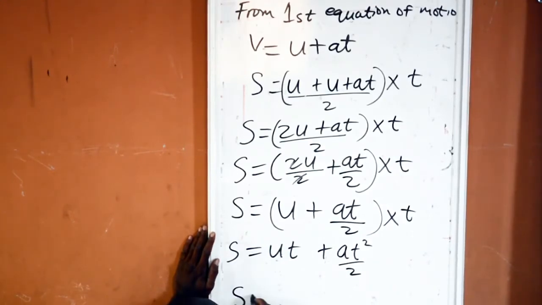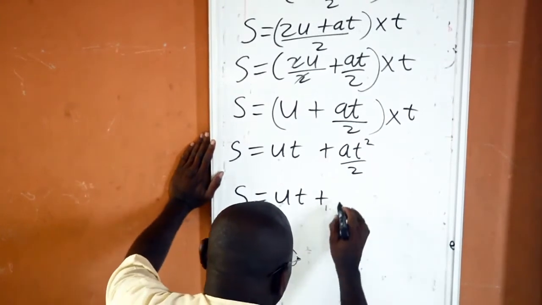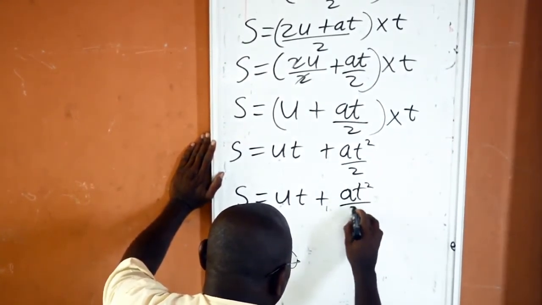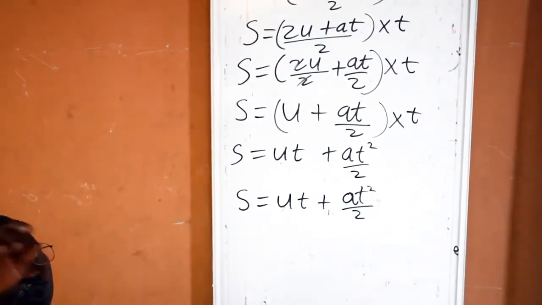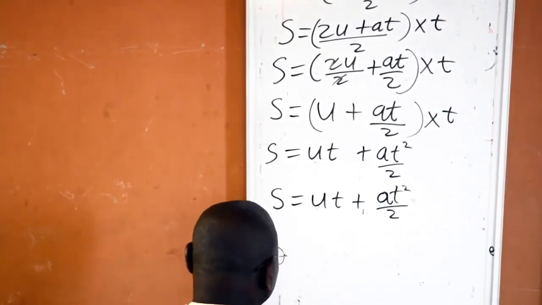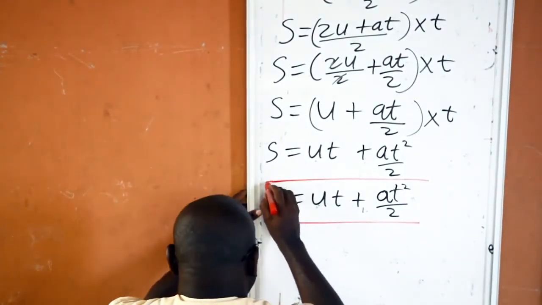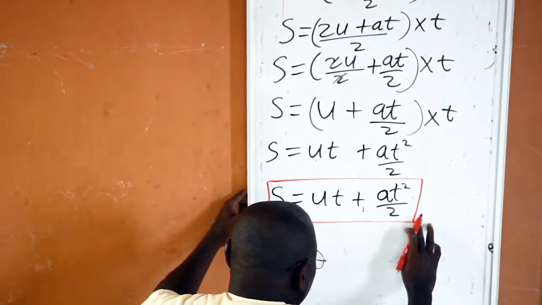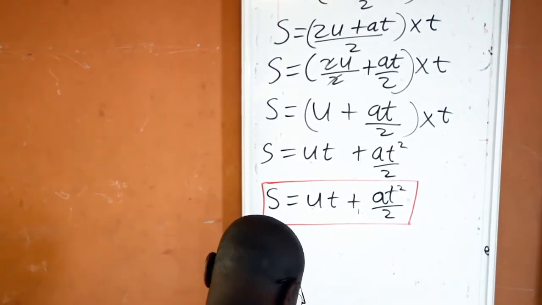So S is equal to UT plus AT squared all over 2. This is the second equation of motion.